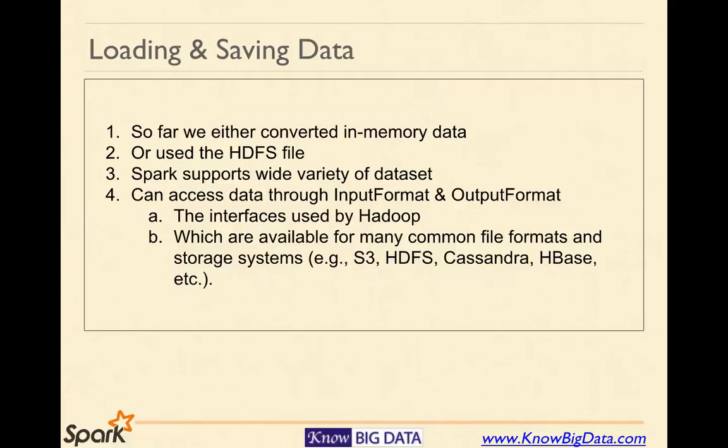The interesting part is that Spark supports a wide variety of datasets. You can access data through input format or output format. Those are the same interfaces used by Hadoop. You remember, we converted the input data block into input format, right? So Spark basically reuses the same libraries for reading data from Hadoop so that it can take advantage of data locality.